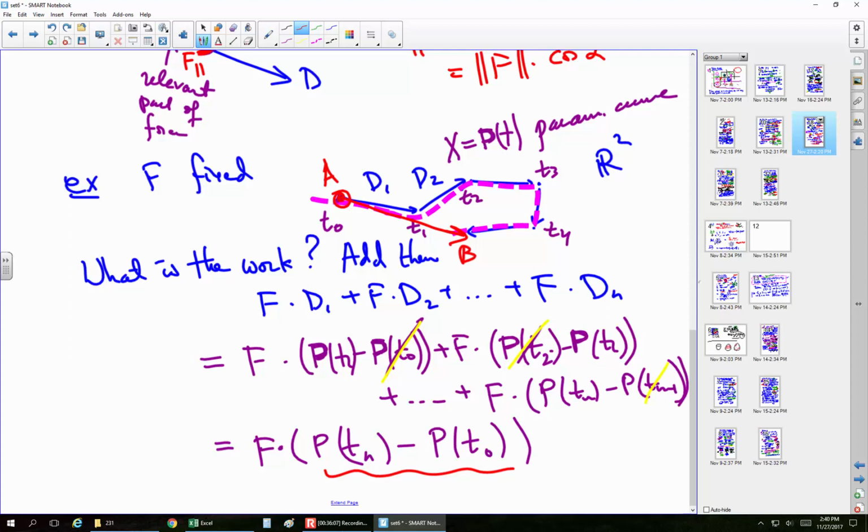But one of the questions will be when do they work out this way in general? And you might try to guess under what circumstances more complex than just a constant vector field, the path doesn't matter. If the magnitude of the force is the same everywhere? No, it's not enough for the magnitude to be constant.